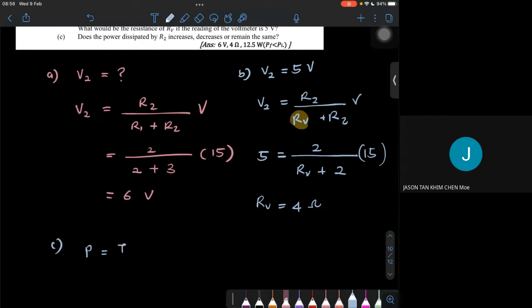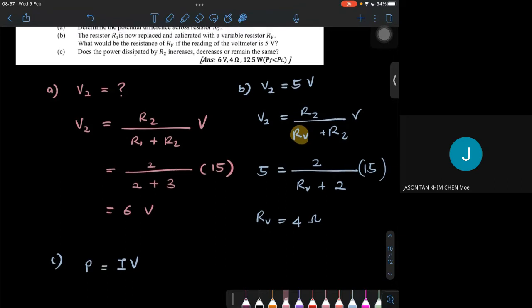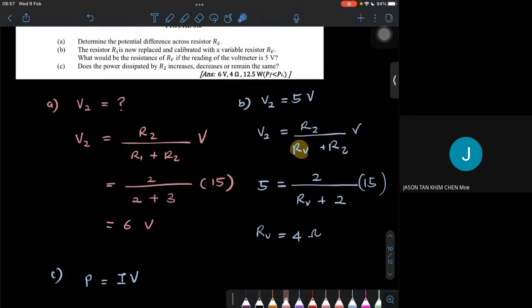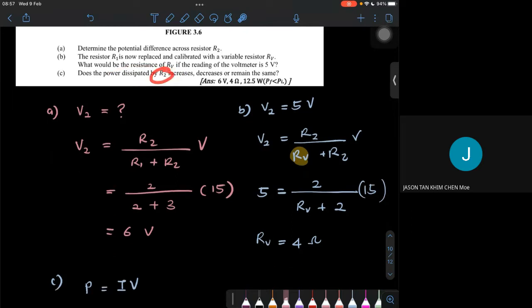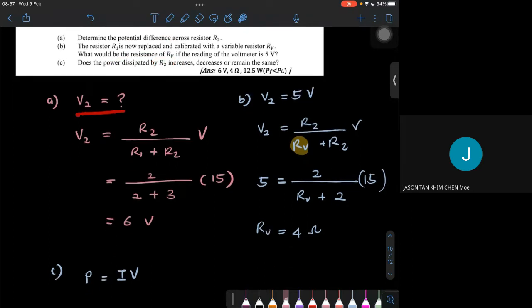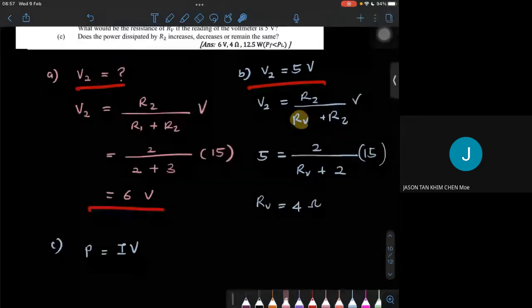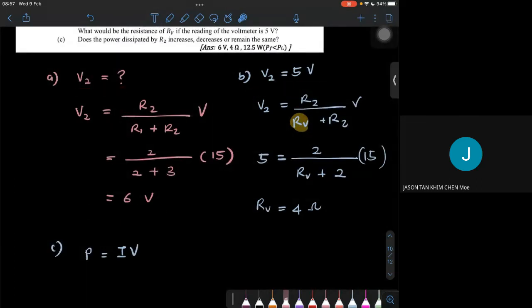Okay, so here, because we want to find the power at specific resistor, R2 here. Since V2, we have the value, but we don't have the value for I.